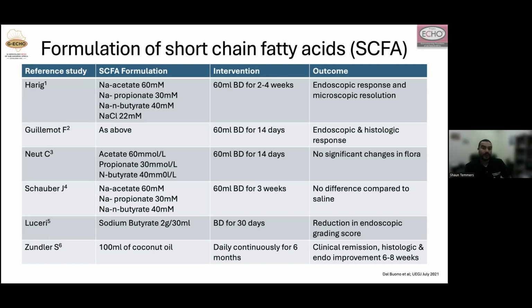However, the use of coconut oil, which is also high in short-chain fatty acids, by Zandler was done continuously for 6 months, which is the longest study that was done. It showed clinical remission, histological improvement, and endoscopic improvement as early as 6 to 8 weeks, and this was maintained during the course of therapy.